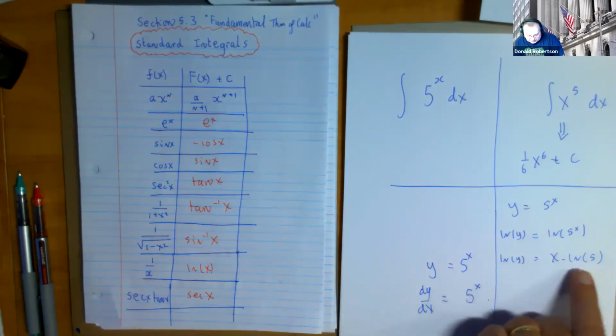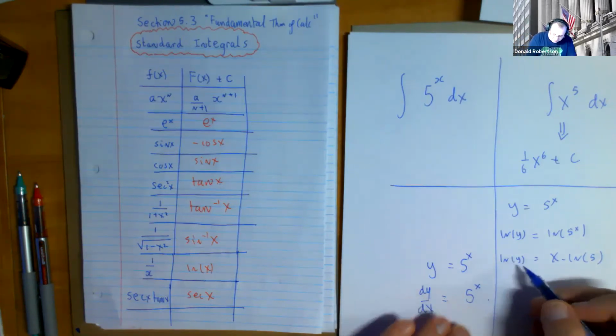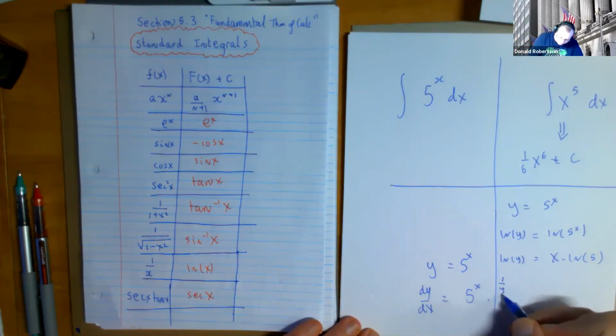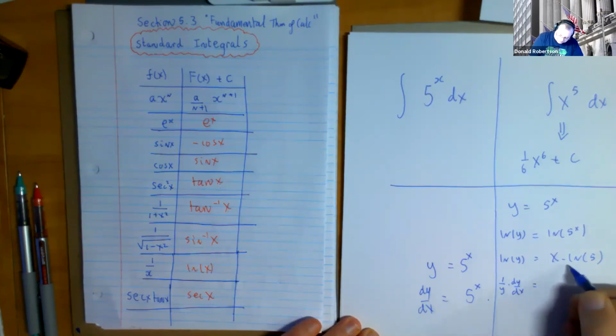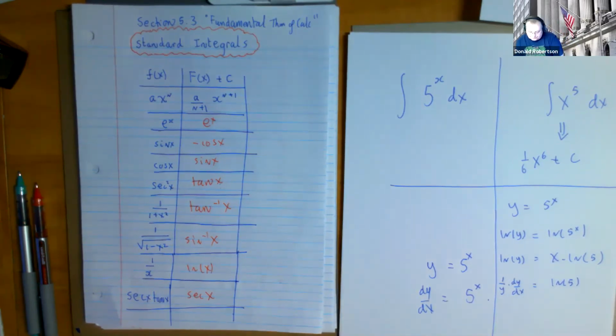You then take both sides, you take their derivative with respect to x. Well, the derivative of a log is 1 over y times dy by dx, and the derivative of this guy is log 5. You know, like 5x gives you 5.